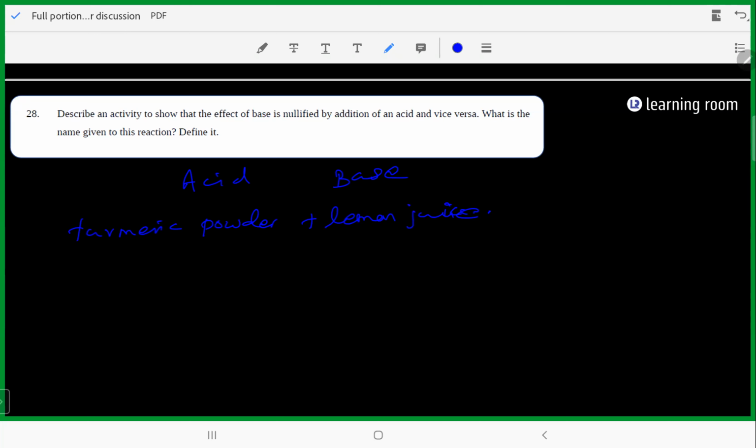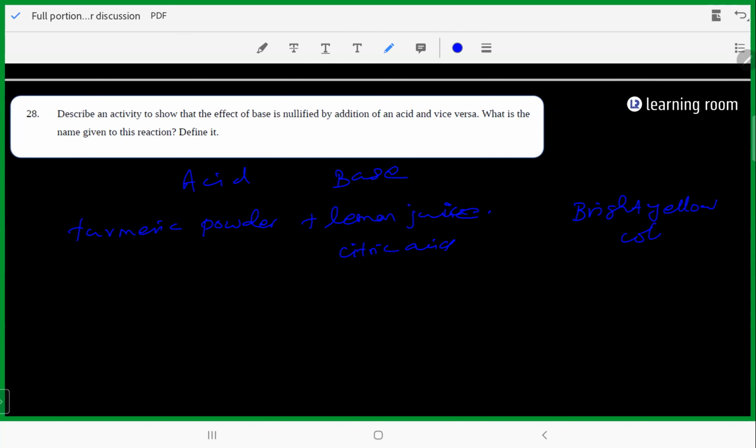It's a bright yellow. Turmeric powder by itself is yellow, and when you add lemon juice it becomes a bright color, because lemon juice has citric acid. The citric acid present in the lemon juice changes the turmeric powder into a bright yellow color.